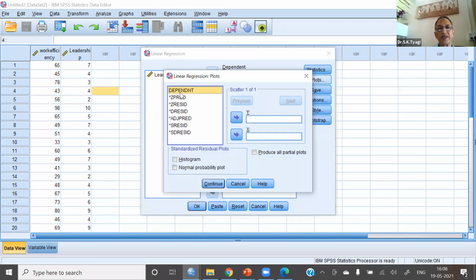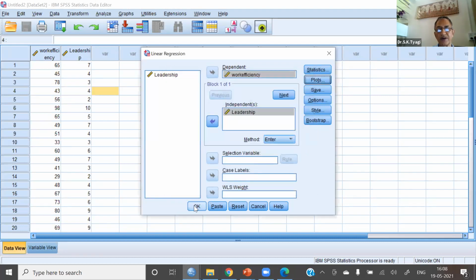Now we have on the left side Z predicted, Z residual, and many more things. We take Z predicted on the x-axis and Z residual on the y-axis, and we check histogram and normal probability plot also. And we continue and click OK.